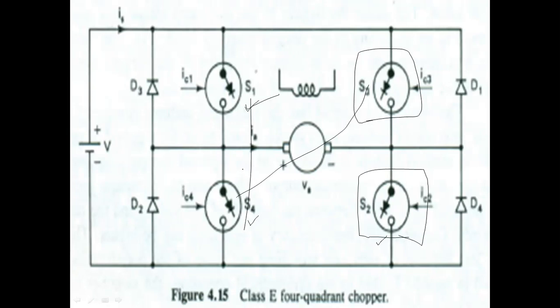If you want an instantaneous changeover, there should be some time interval between the turn off of one switch and the turn on of the other. If you turn on S1, you have to take some delay time and then turn on S4. Likewise there should be some delay time between the S3 and S4 on times. After S3 is off, only after giving some delay time do we turn on S4.